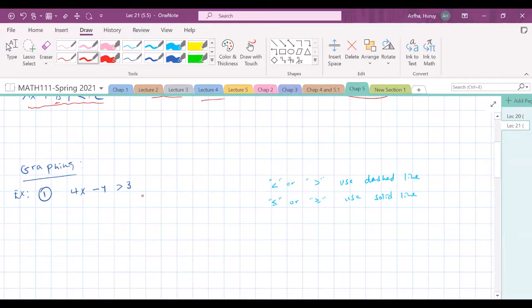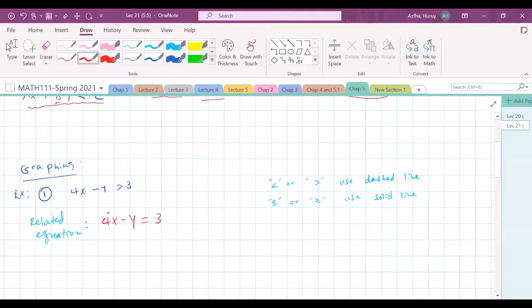Now, the first step to graph this is we would like to rewrite this as the related equation, which means, just for now, just to make life easier, change the inequality to an equation. Now I will write this as 4x minus y equals 3.